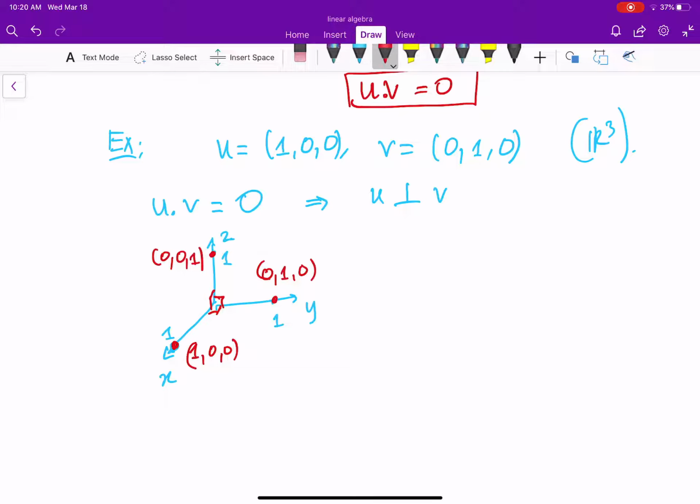They are mutually orthogonal, right? So vectors in the standard basis are unit vectors. Unit vector means they have norm 1, and they are orthogonal, right? Let's say this is u, this is v, this is w.